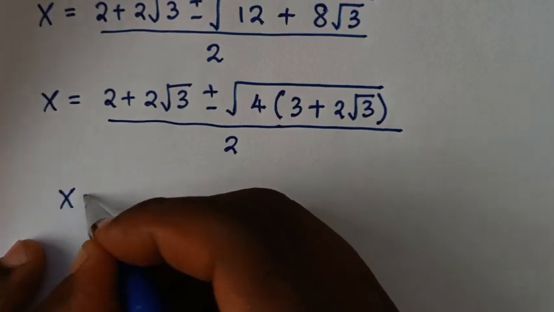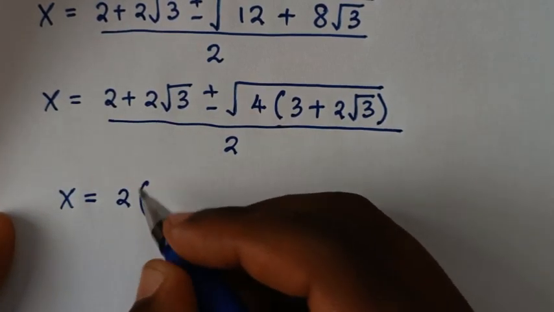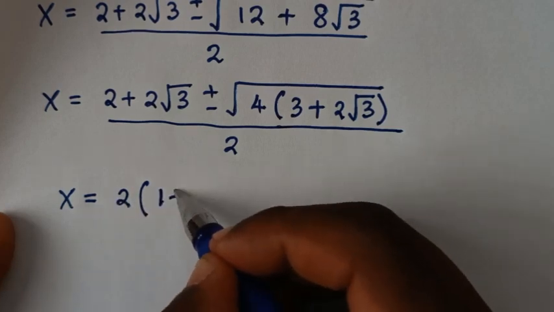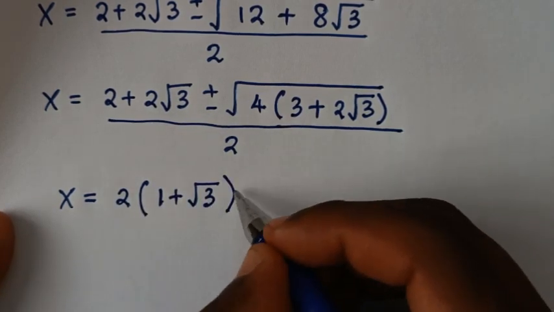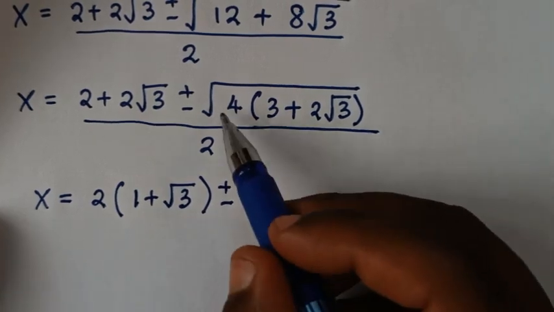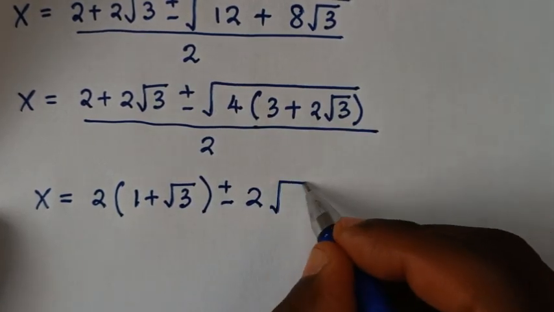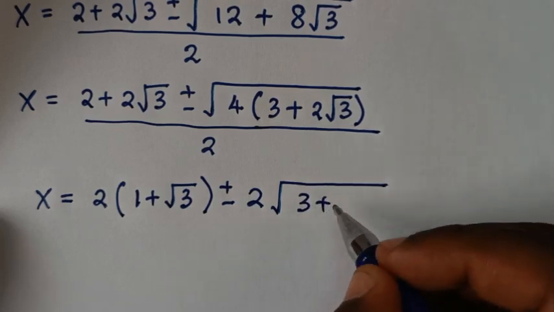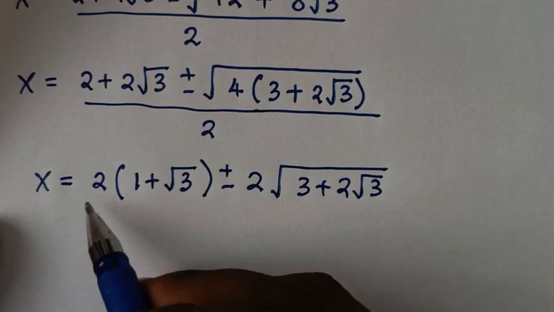So it will be x is equal to, into here 2 is common, so we'll take 2 out of bracket. 2 divided by 2 is 1, plus 2 square root of 3 divided by 2, it is square root of 3 bracket, plus or minus square root of 4, it is 2, then square root of this, so square root of 3 plus 2 square root of 3, then we divide by 2 in this part and this part.